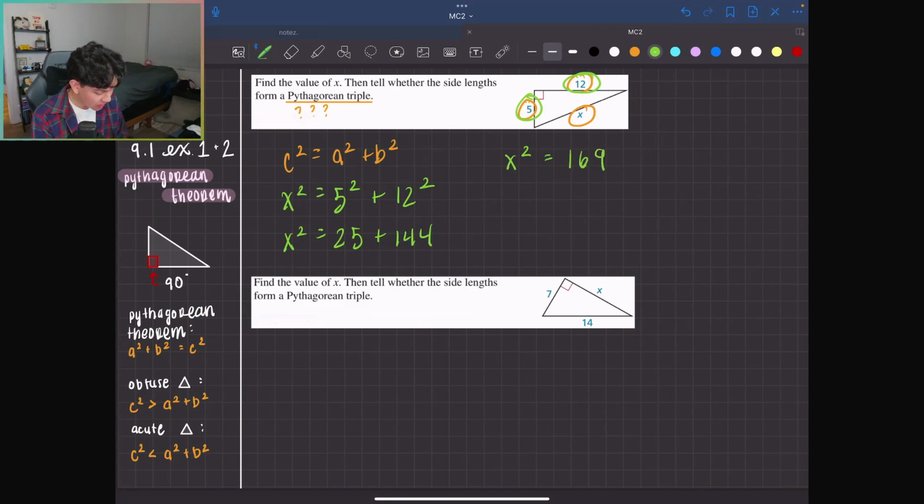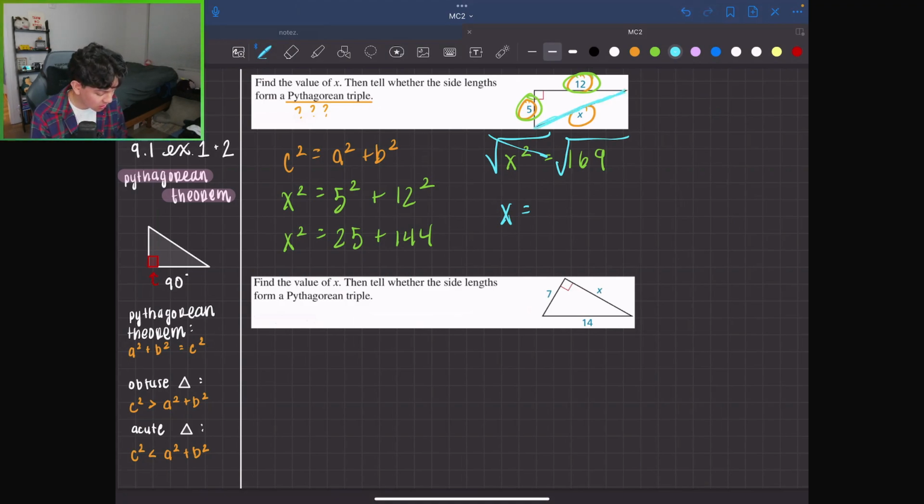If I wanted to isolate the variable x, we're going to divide, oh, sorry, not divide. We're going to square root both sides, since the inverse of squaring something is square root, and that's going to cancel each other out. So what are we left with? X equals the square root of 169, which is plus or minus 13. But since this is a distance, an actual distance can't be a negative value, right?